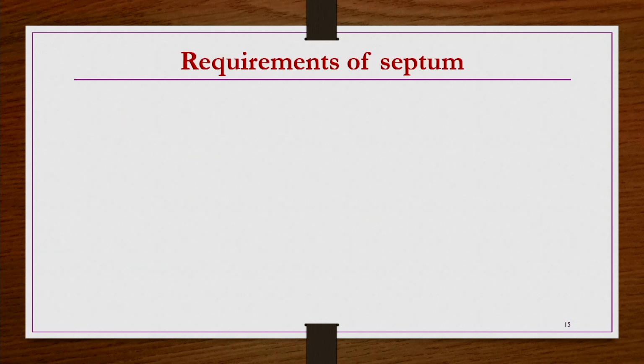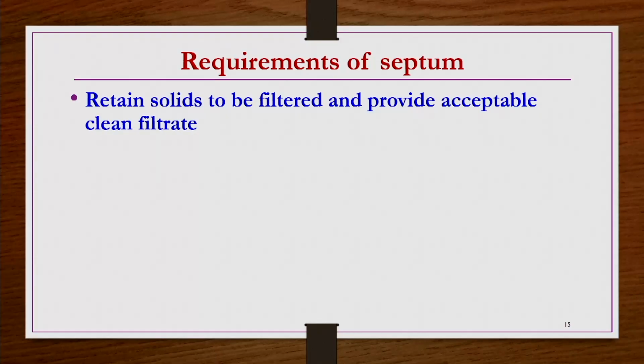Okay. Then the requirements of the septum or filter medium are very essential in a filtration process. There should be some minimum duties that the septum or filter medium should do. What are those requirements that you expect the filter medium or septum to fulfill for a given filtration process? Basically, the most important one is to retain solids to be filtered and provide acceptable clean filtrate.